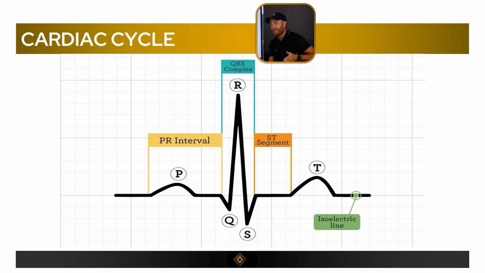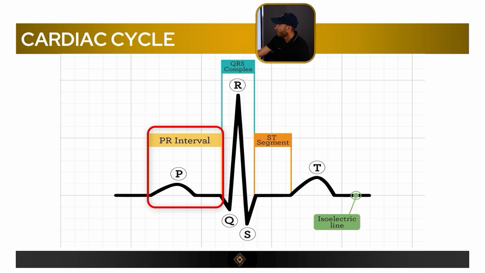Depolarizing means the electrical current is going through that part of the heart at that time, producing a wave. Repolarization is the resting state of whatever wave or part of the heart I'm talking about. The electrical activity of the heart is represented by the EKG. A P wave represents the atrial depolarizing.